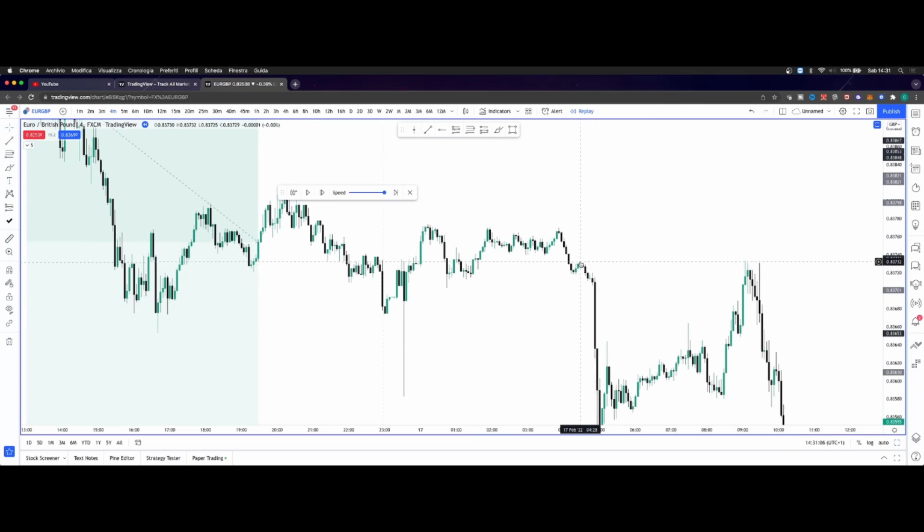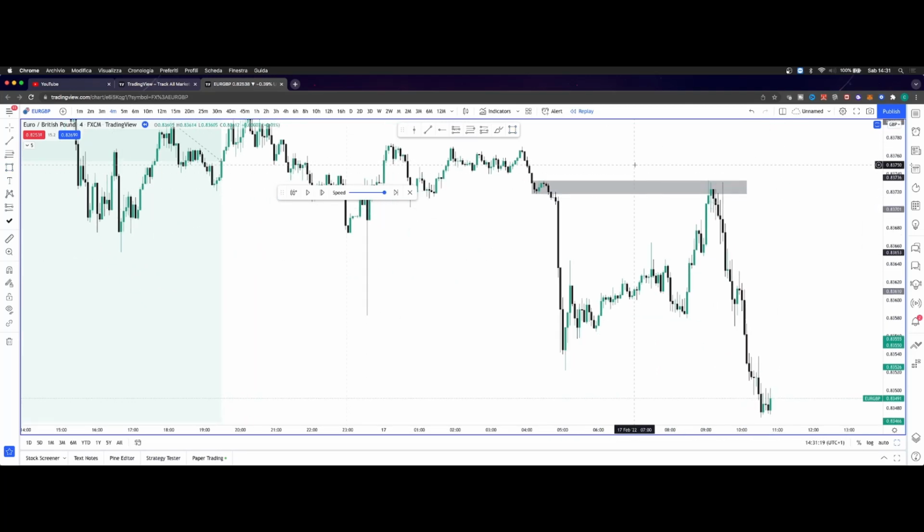But in terms of risky entry, probably this may be a nice level, but not my thing, in my opinion. So no, not for me.